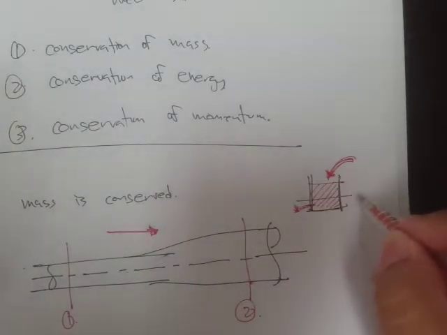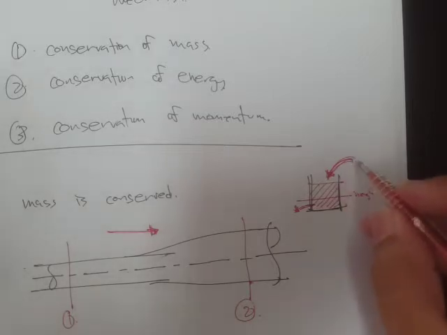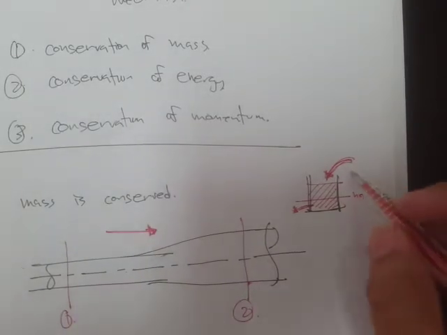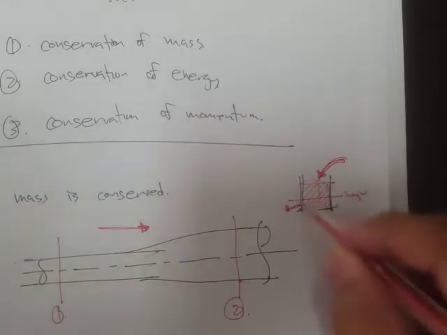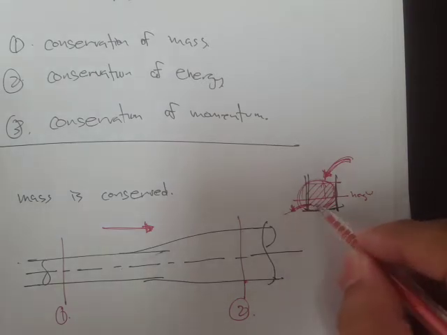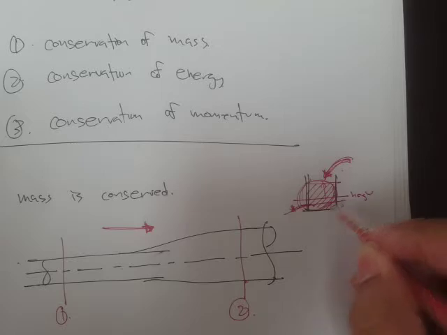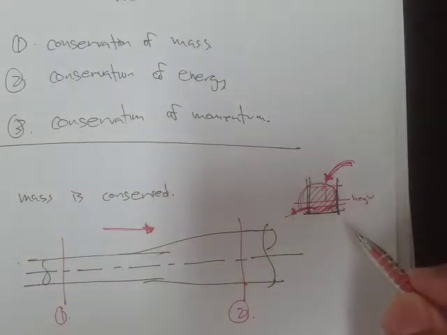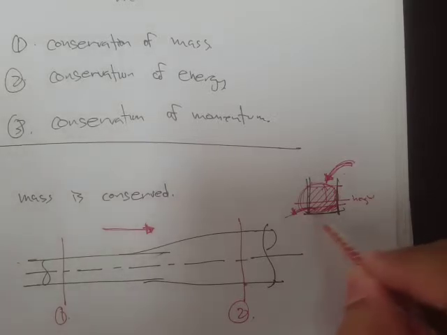For example, we have an initial height of water. If you have a higher input flow rate, then you will have an accumulation inside. In the same way, if you have higher output compared to the input, then you will have a decrease in accumulation, or a decrease in the storage.